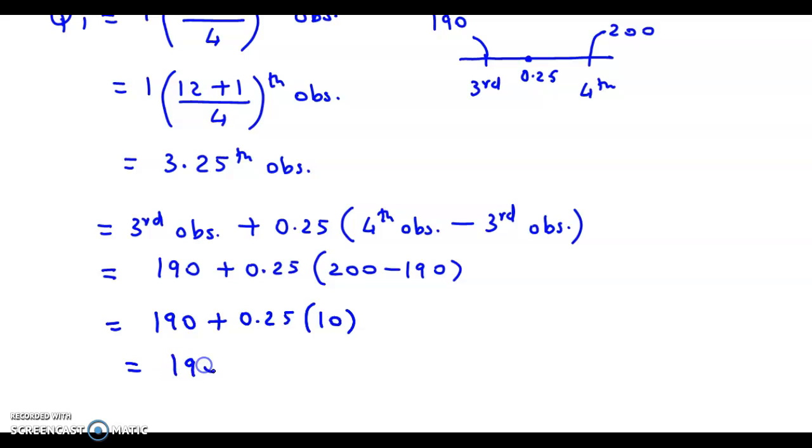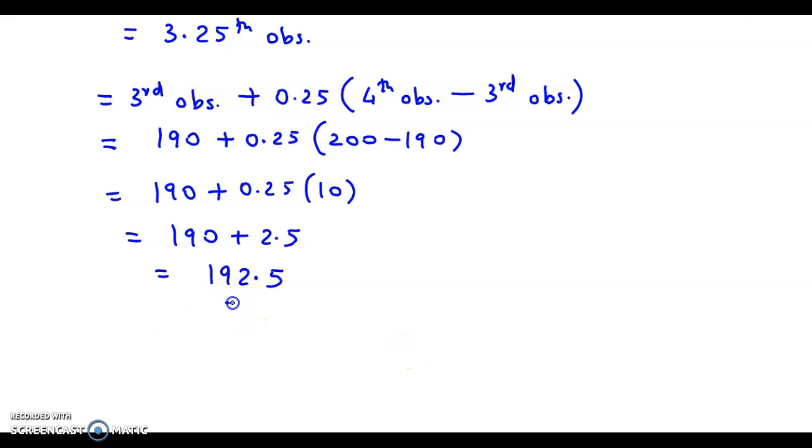So that's 190 plus, now 0.25 into 10 gives 2.5. So we add up the value, we have Q1 as 192.5. So we have obtained the first quartile, that is Q1.